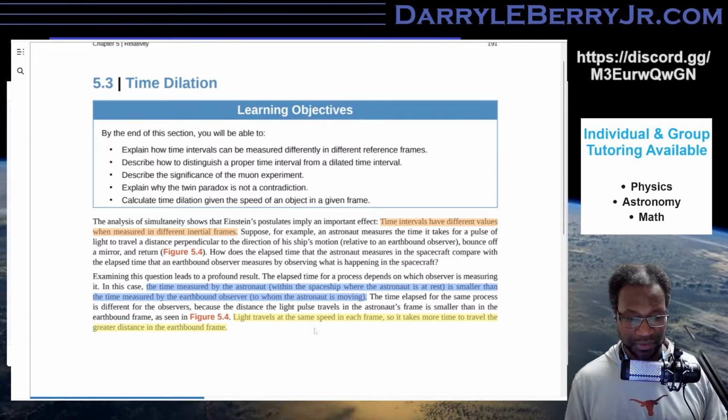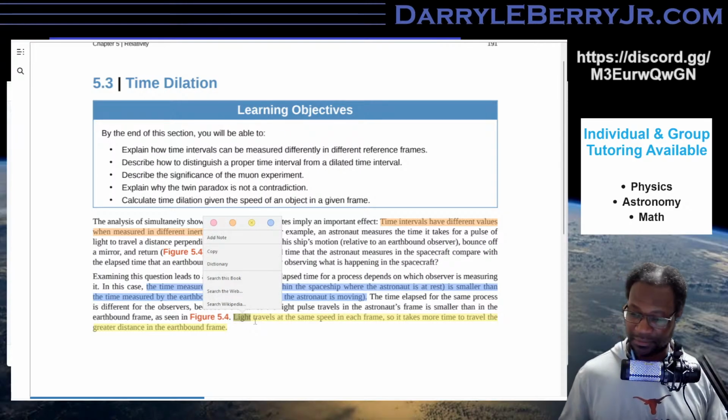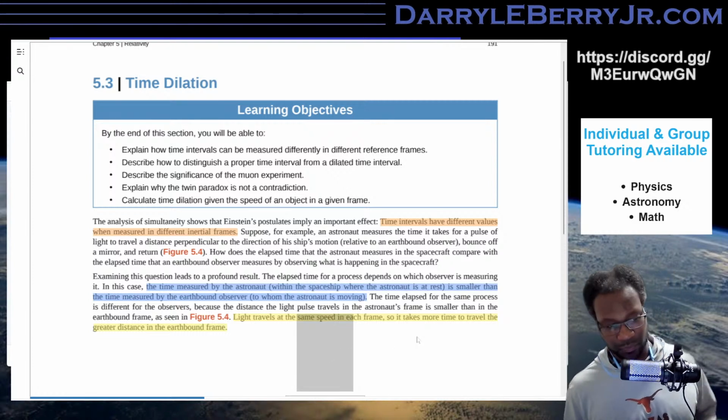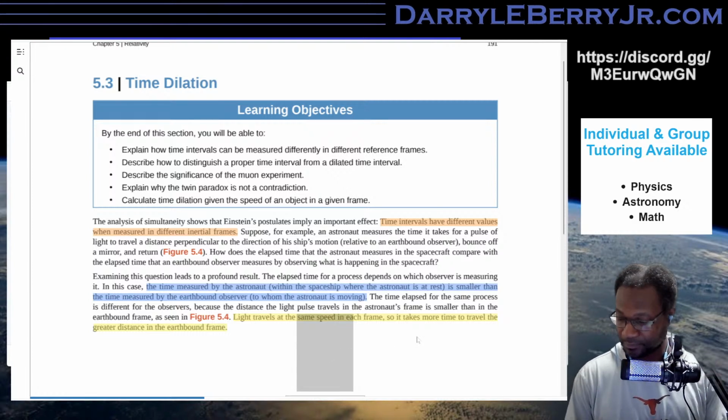But this is referring to the Michelson-Morley experiment. At least it was the first time that we were able to determine that light takes the same speed no matter the frame of reference that's perceiving it. And I saw that in a lot of textbooks as well, which I'll bring up a bit later.